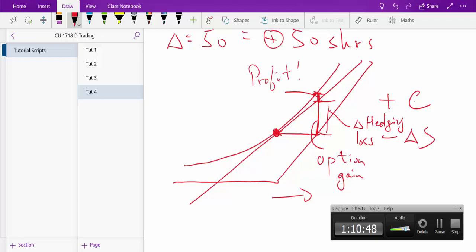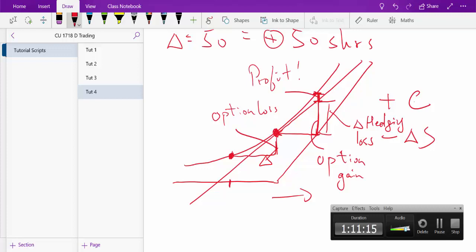Now, the wonderful thing is when you go the other way, you get the same thing happening. So when you're down here, you are losing money on the option. That's not good. So here you have an option loss. But guess what?